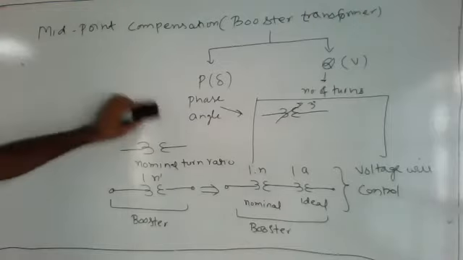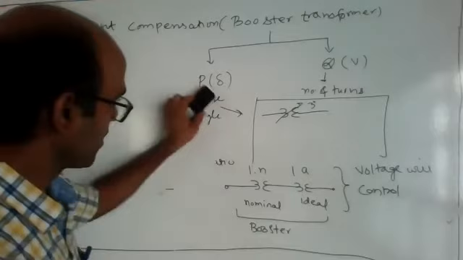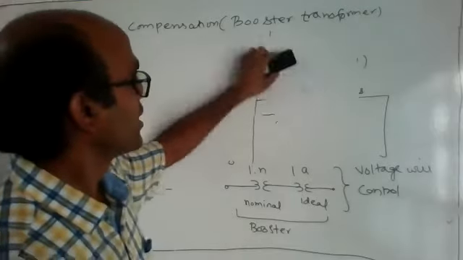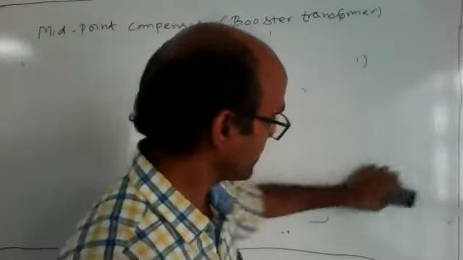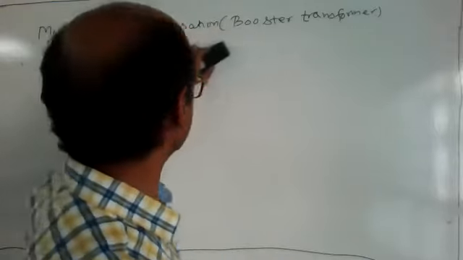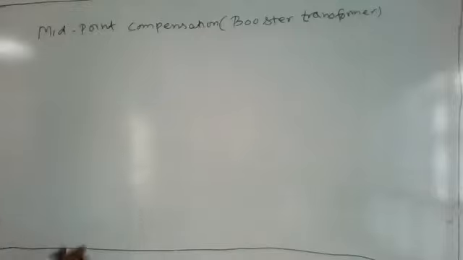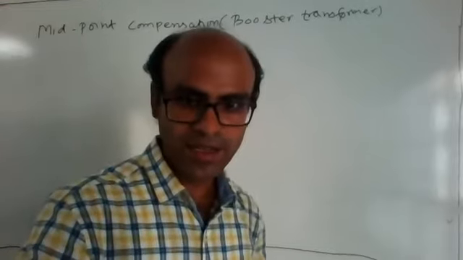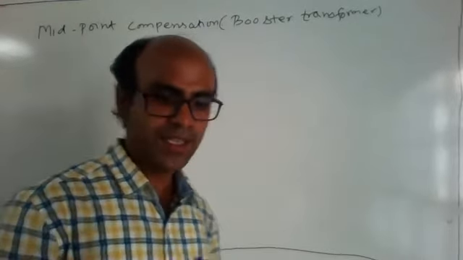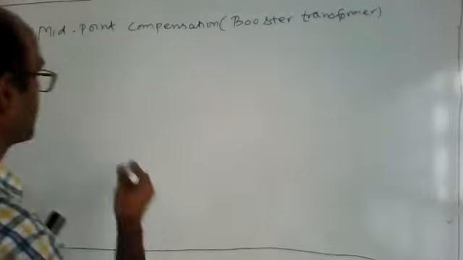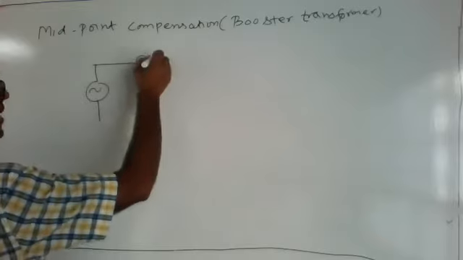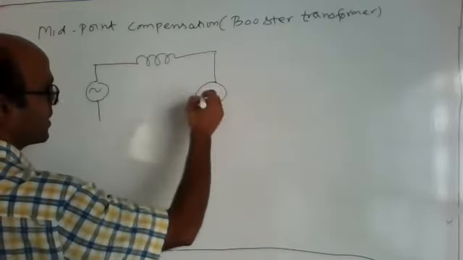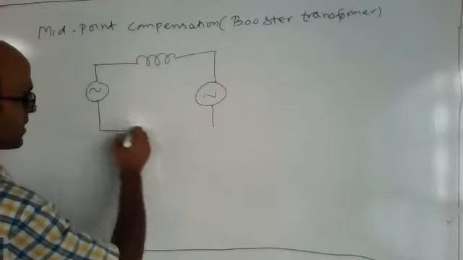Now the next topic is how to improve this voltage. So that we will see. Midpoint compensation, and what its effect is. So let us consider a generator, and there is a transmission line, and there is a receiving end voltage.